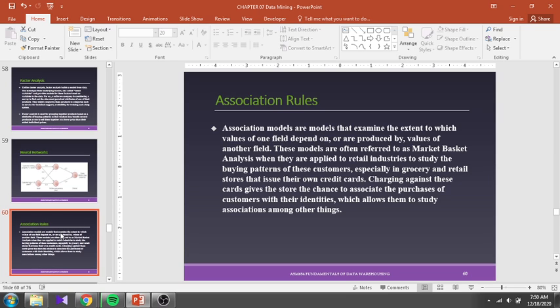It's a model. Association models are models that examine the extent to which the value of one field depends on or is produced by the values of another field. These models are often referred to as market-basket analysis when they are applied to the retail industry to study the buying patterns of customers.